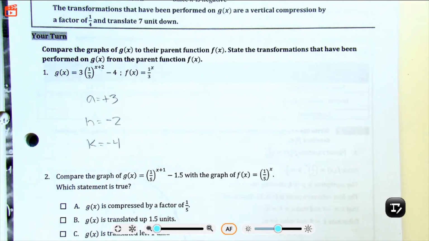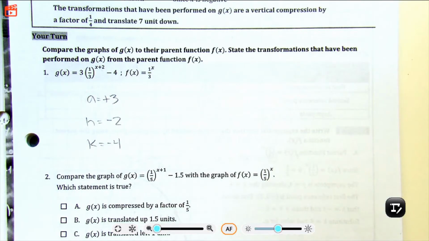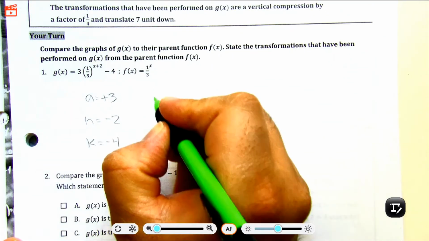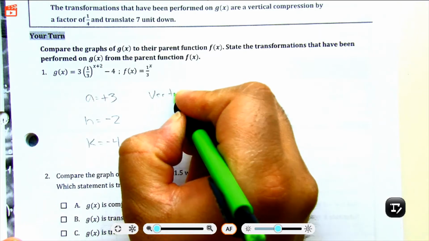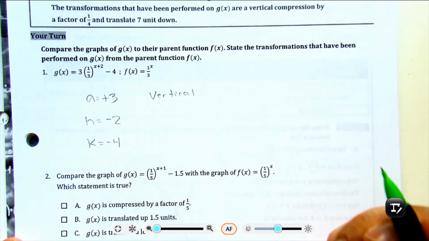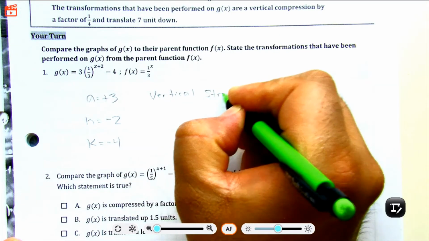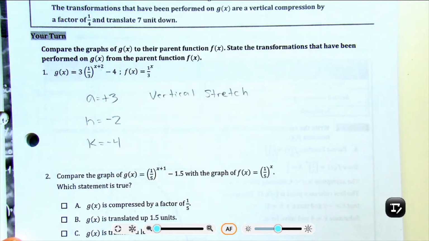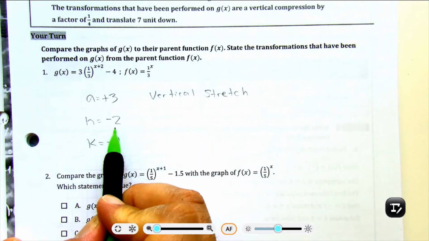So what happens if A is greater than 1? That is called a vertical stretch. When H is -2, that's translate 2 units to the left.